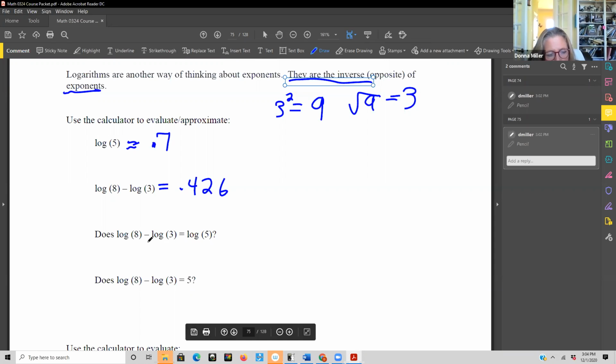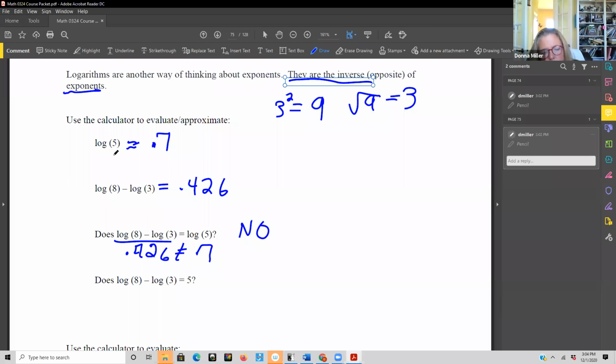So the question is, does 0.426 equal log of 5? The answer is no. You cannot subtract these numbers and make it a 5. There's no rule for that.